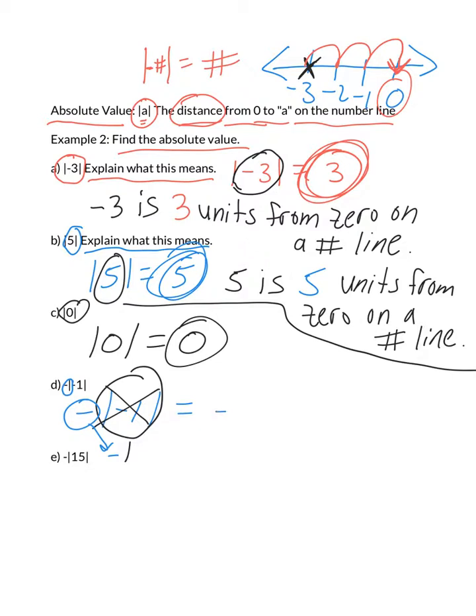So we end up with a negative answer. We end up with -1. Whenever you have a negative sign in front of, or outside of, those absolute value bars, that is when you can end up with a negative final answer.